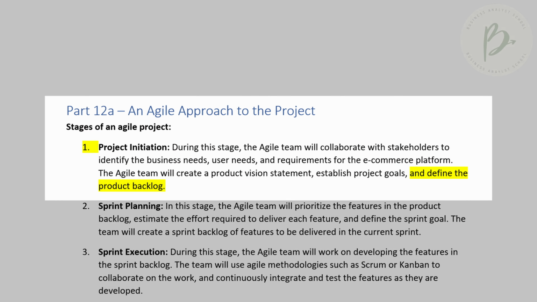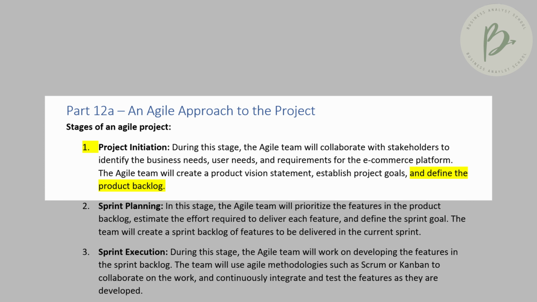The first stage is the project initiation, right? This is where we are trying to justify the reason for our project to start. Initiating the project, the Agile team generally will collaborate with stakeholders to identify the business needs. What are the problems? What do you need? So that we can turn these needs into a project.